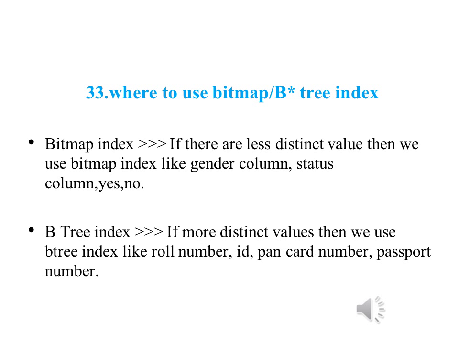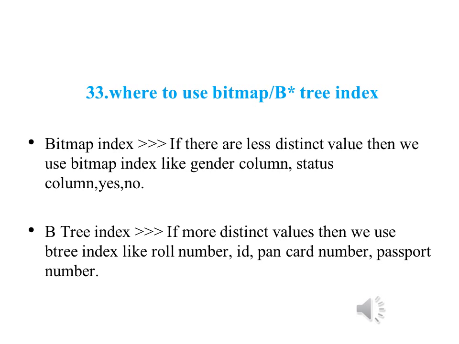Okay, what is bitmap and B-tree index? But before that we should know where to use bitmap and B-tree index. See, bitmap index, if there are less distinct values, then we can use bitmap index, like gender column, status column, yes or no. For example, gender, only two genders, male or female.